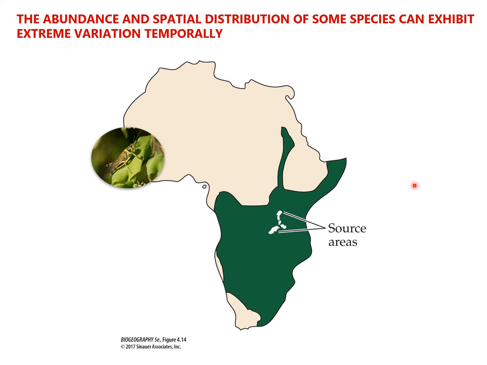and the African locust is a good example of this, where there's even biblical tales about these things, historically notorious for these types of wild fluctuations, where just from a few source areas, depending on what happens with regional climate and other factors, this species can undergo a huge explosion in population and expand its geographic range across almost the entire southern continent of Africa.